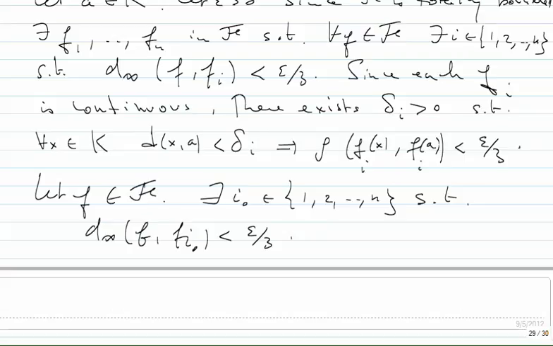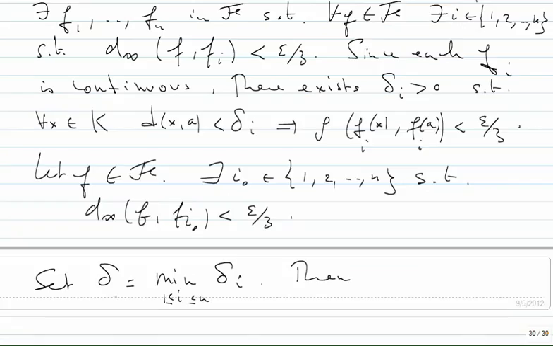Now set delta equal to the minimum of the delta i's. Keep in mind the delta is independent of f. It only depends on the fi's.